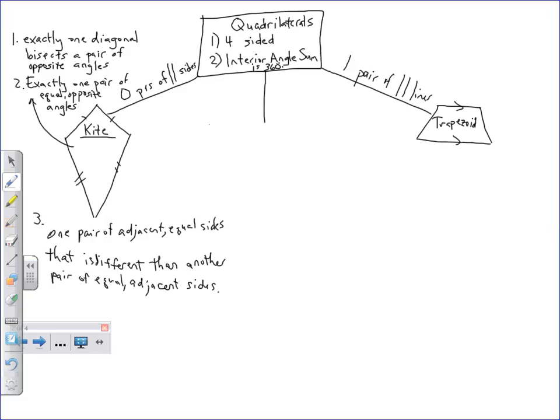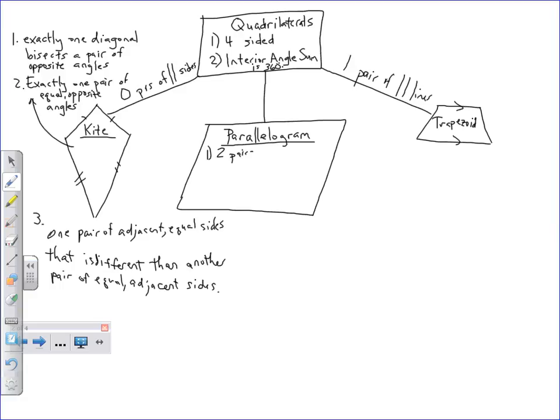For a parallelogram, which is the next category, a parallelogram has 2 pairs of parallel sides.